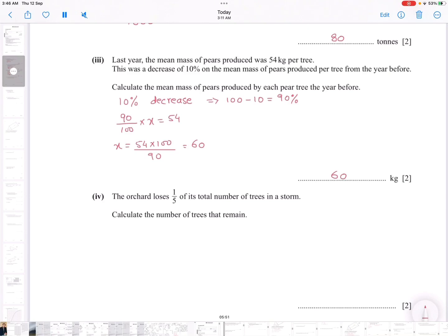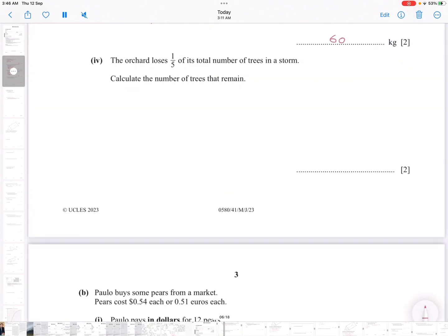Fourth part says orchard loses 1 over 5 of its total number of trees in a storm. Calculate the number of trees that remain. So it should be done like 1 minus 1 over 5. Why 1 over 5 is subtracted from 1? Because 1 is the total.